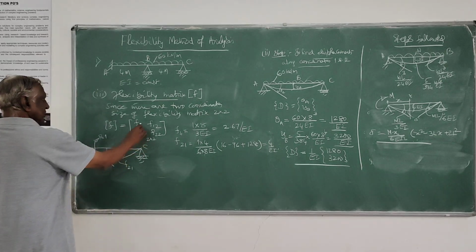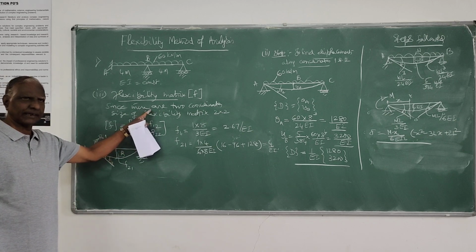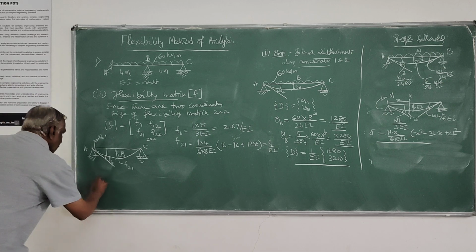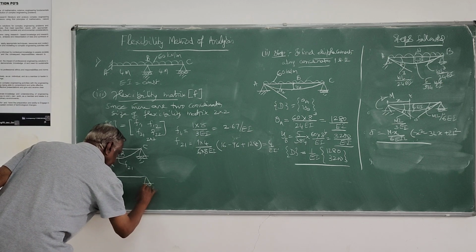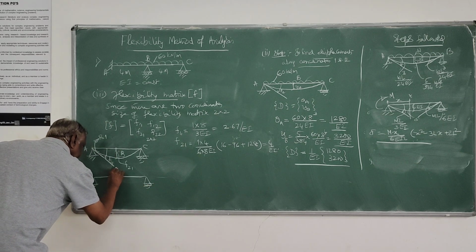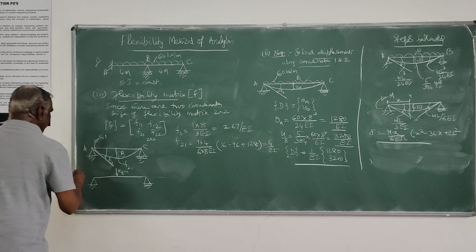Then, next case. This first column I have generated; the second column I have to generate, that is, I have to give unit force along coordinate 2. So you take the determinate structure, that is this beam itself, and apply the unit, that is RB equals 1.